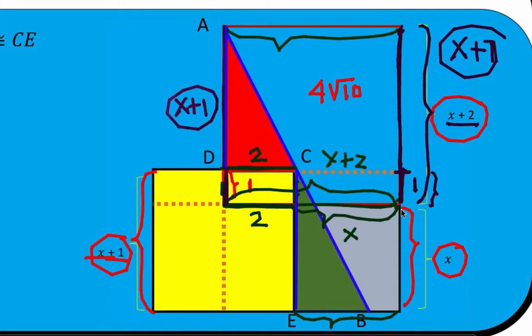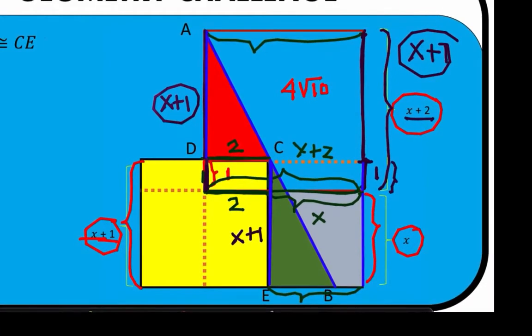And we know that this length here is x units and this length is 1 unit. If you combine these two lengths, that is x plus 1, which is also this length here. So that means side CE is also x plus 1. Since both of them are x plus 1, and when the two sides are equal, then the two geometric figures are congruent. So side AD is congruent to side CE.